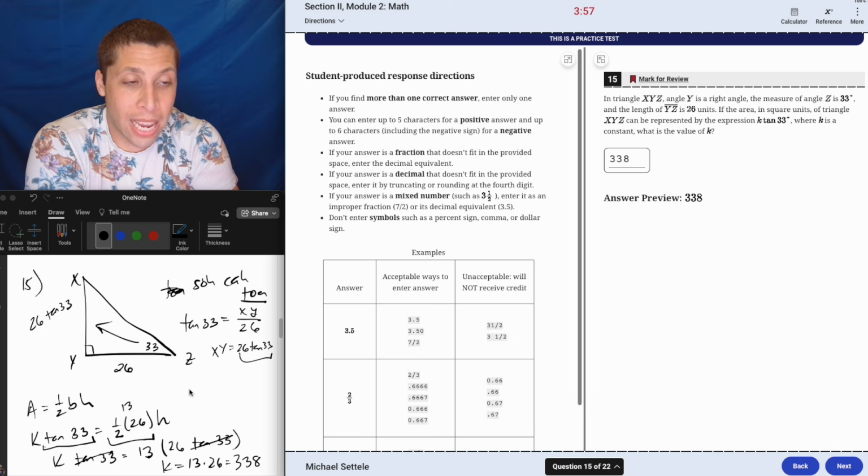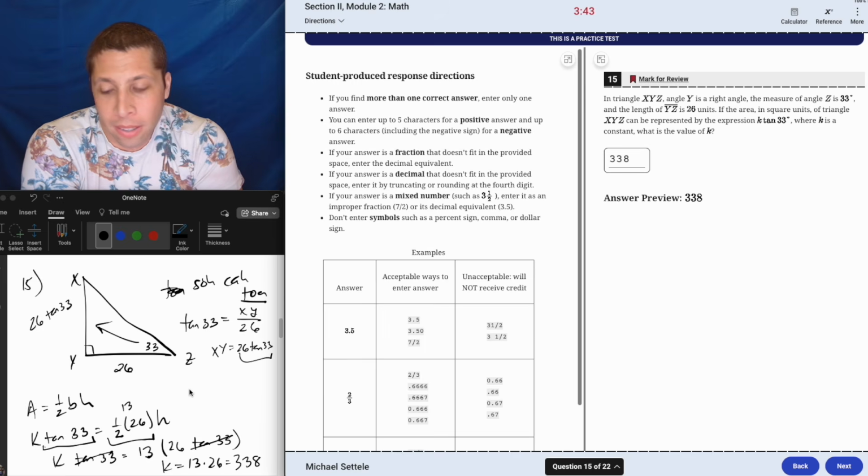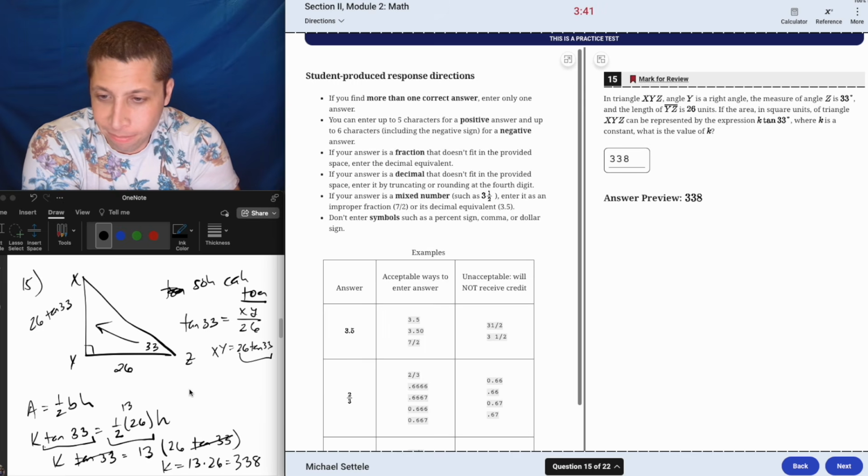It's 338 tan 33, right? So 1/2 base times height. I mean, my SOHCAHTOA is right. Tan 33 is opposite over adjacent, so 26 tan 33 is fine. 26 tan 33 times 26.